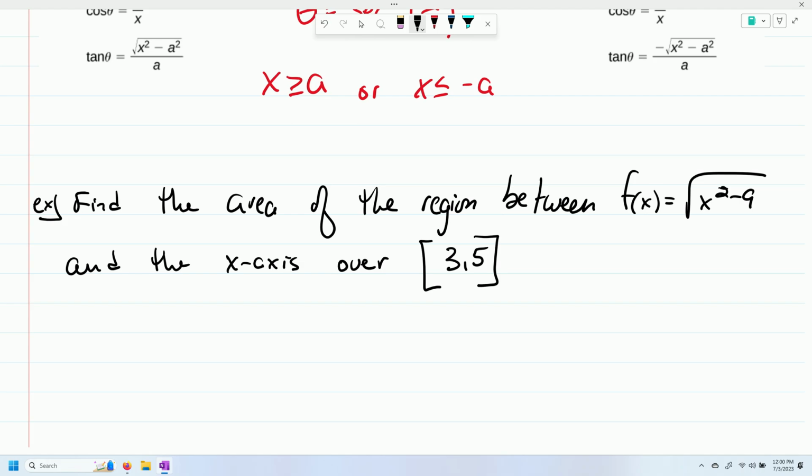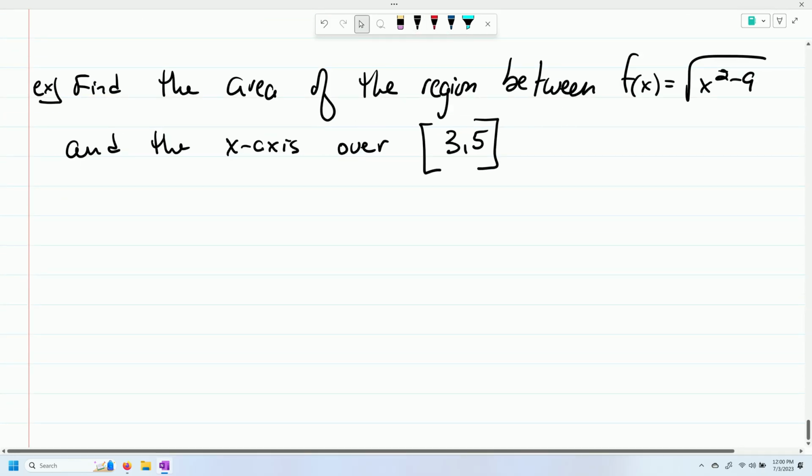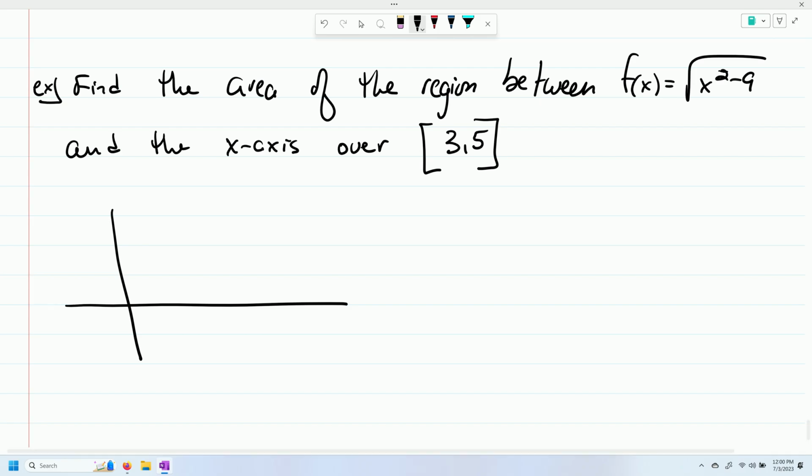All right, so first thing we're going to do, just sketch a little bit. The square root of x squared minus 9 over the interval from 3 to 5. This is 1, 2, 3, 4, 5. It's going to look something like this, and this is the area that we want right here.